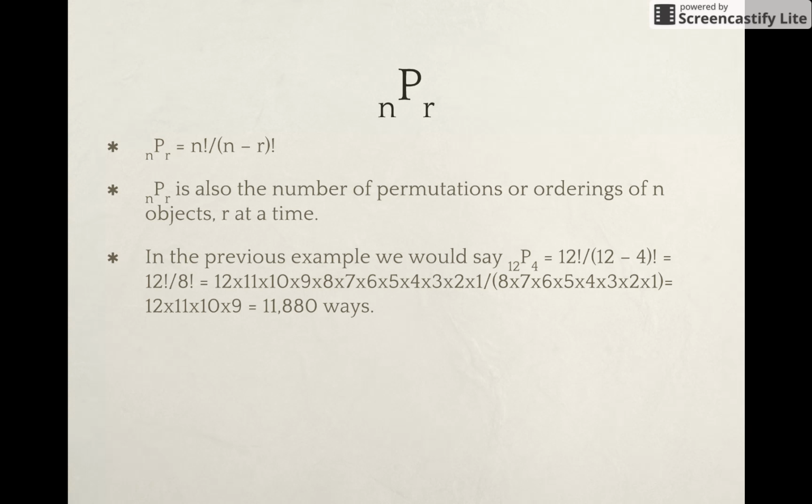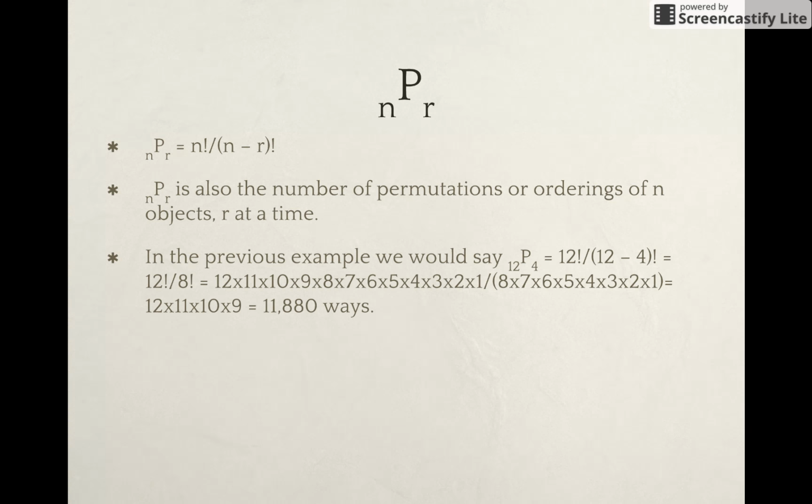If we think back to our previous example, we would say we had 12 members, and we were going to make orderings of those 12 members, 4 members at a time. That was our president, vice president, secretary, and treasurer. Okay, so our ordering contained only 4 members.